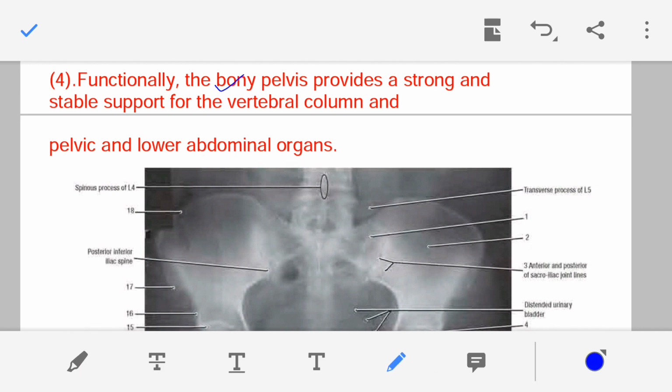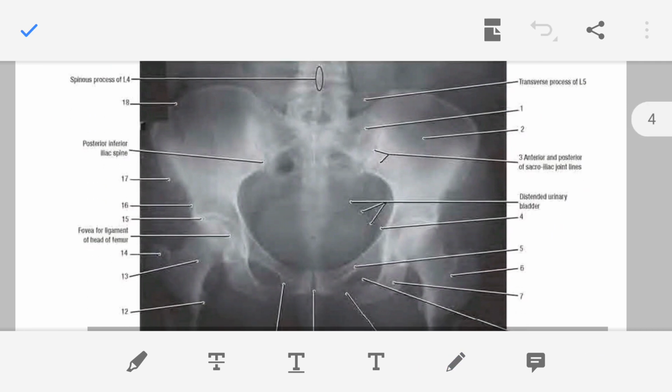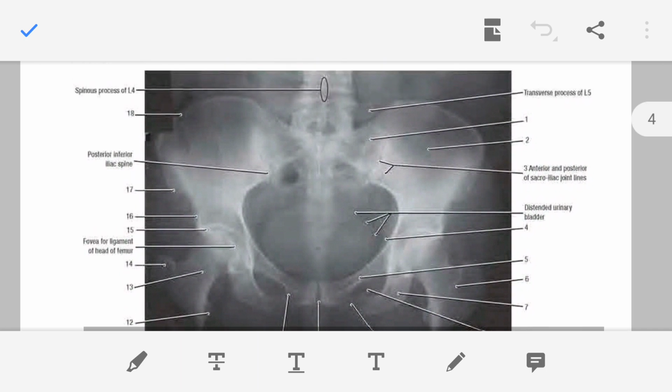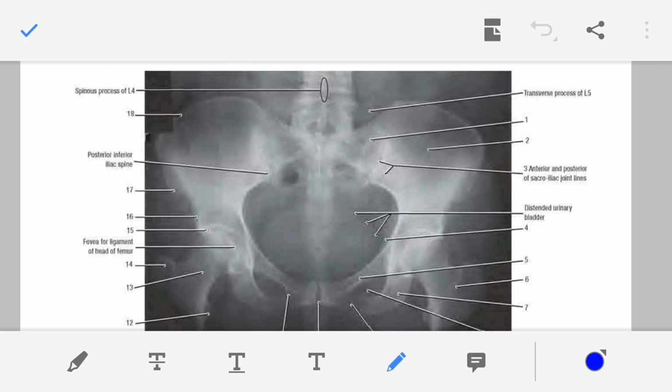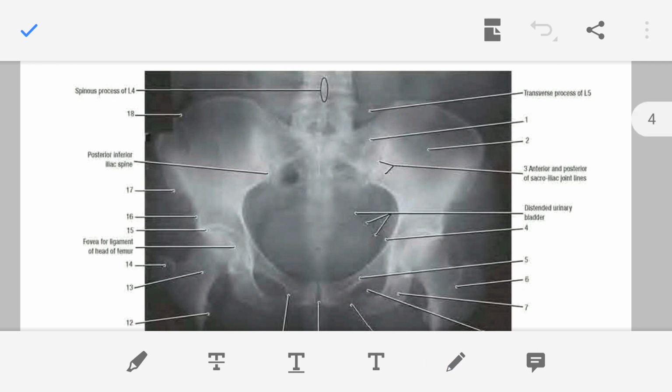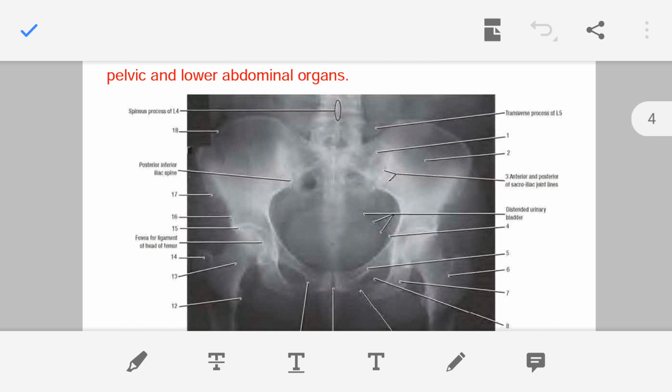And the pelvic viscera and the lower abdominal organs are present inside the bony pelvis. So let's say over here the reproductive organs of men or women are present in the cavity of the bony pelvis.